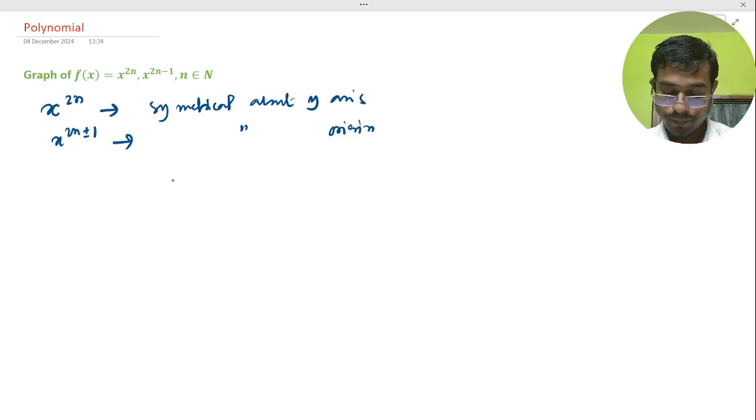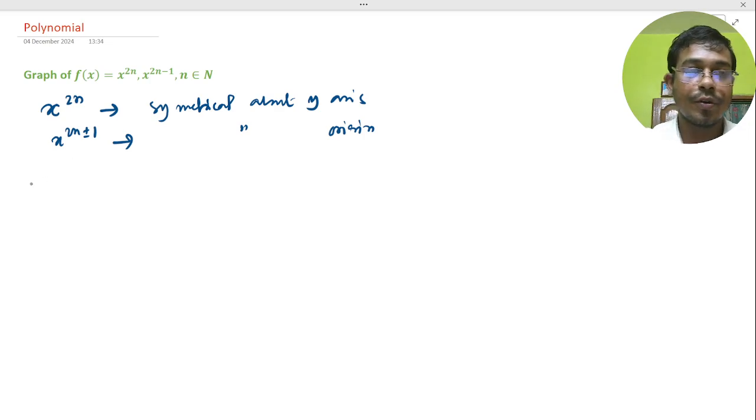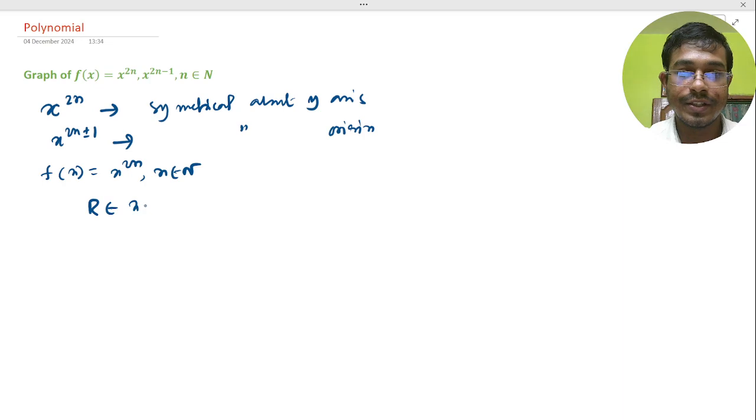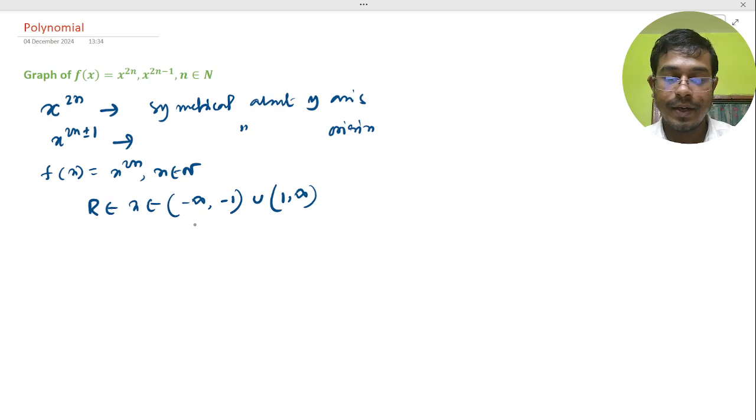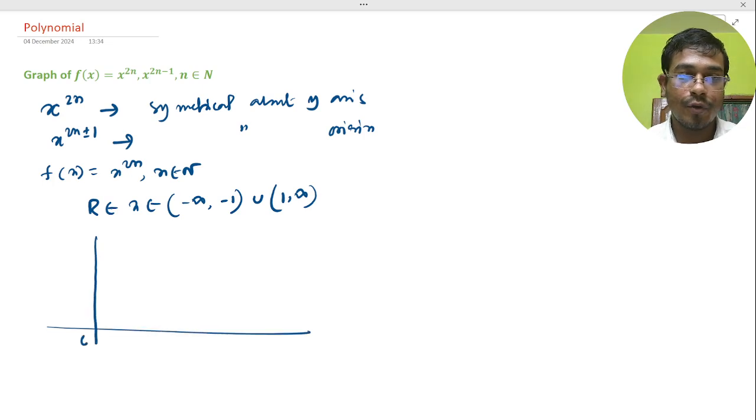First we draw x to the power 2n. For f(x) equal to x to the power 2n, where n belongs to the natural numbers, the range is x belongs to minus 1 to 1 union 1 to infinity. Here we plot the origin, x axis and y axis.